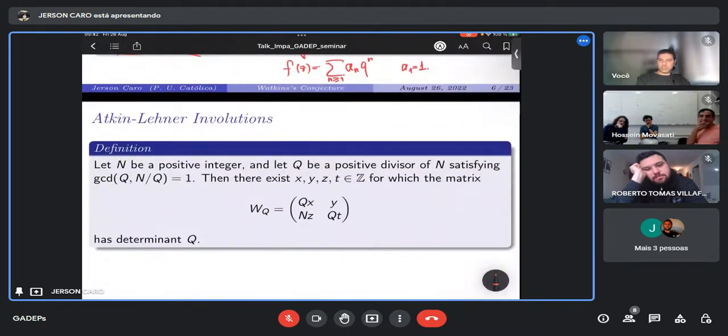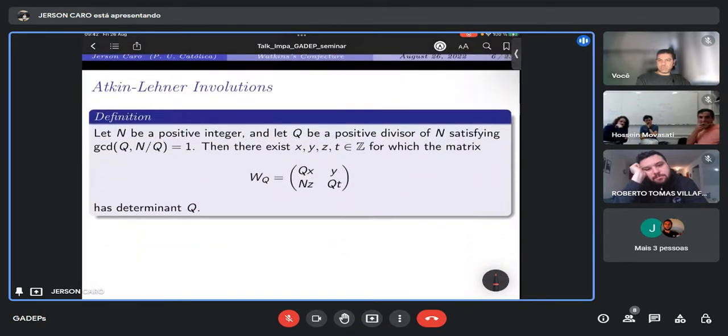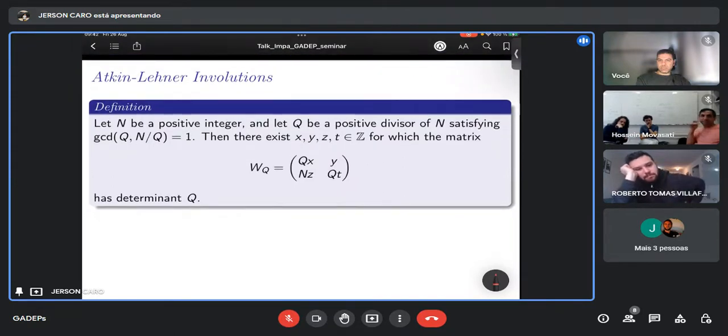Okay, and finally, to end this first part of the talk, I will define what is an Atkin-Lehner involution. This is another kind of operator on S2(Γ0(N)), and it's defined as follows. We start with N, a positive integer, and we take this Q, a positive divisor of N, that satisfies this relation: that Q and N/Q have GCD equal to 1.